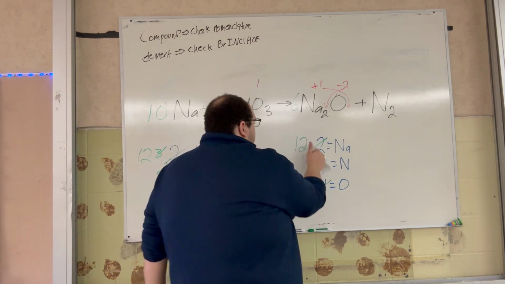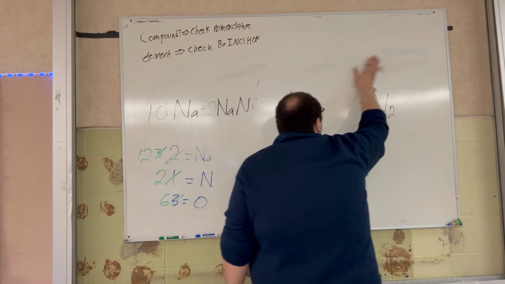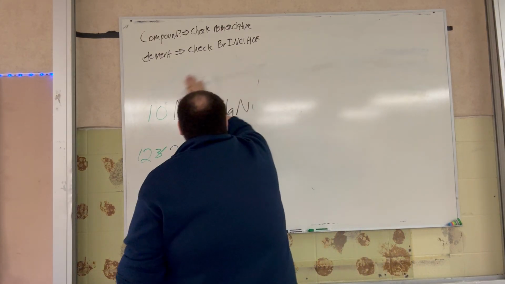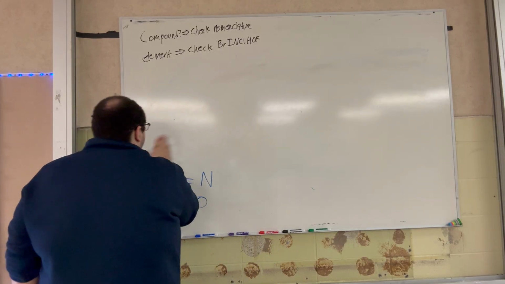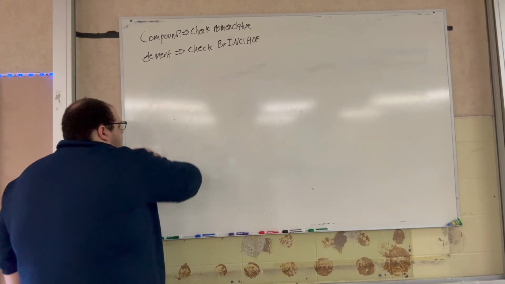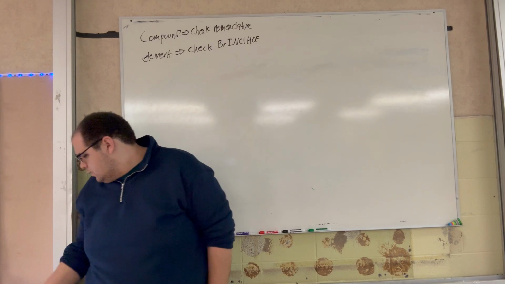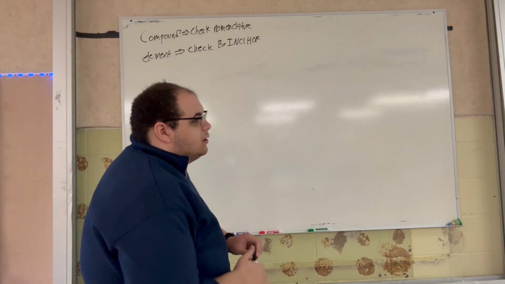Ethan, you want to read the next one? Pentane reacts with oxygen to produce carbon dioxide and water. Hey, y'all have no idea what pentane is. That's okay. That was for me. Pentane is a gas that some of you may have smelled before. It's not a very good smell.